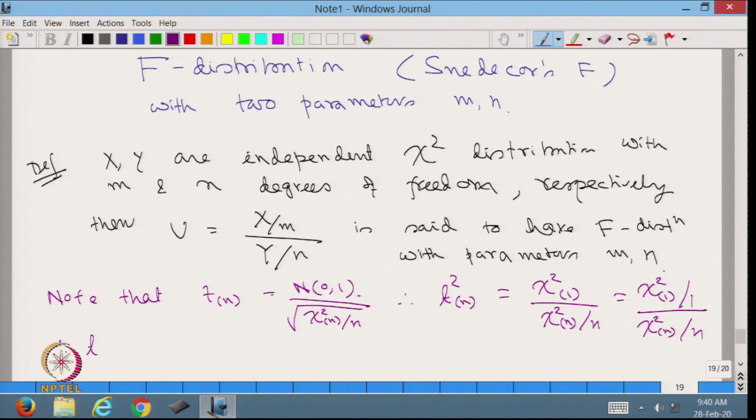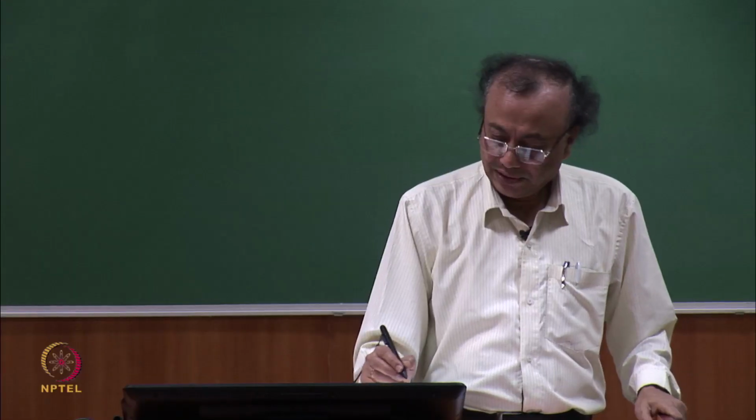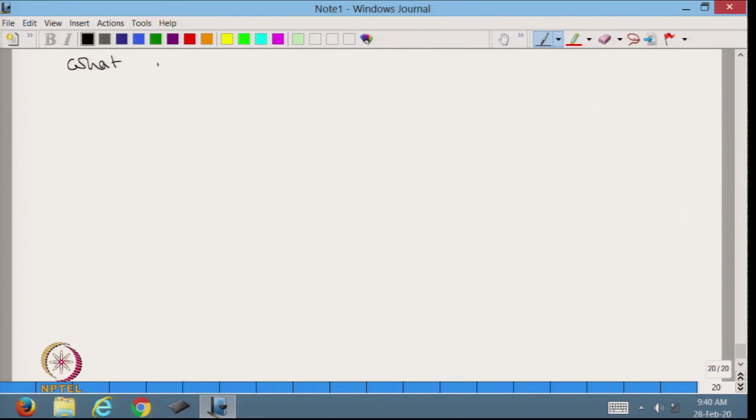Therefore, T squared n is same as F with 1, n. So, that is the relationship between T and F. So, what is the PDF? We do it as follows, in a simpler way.